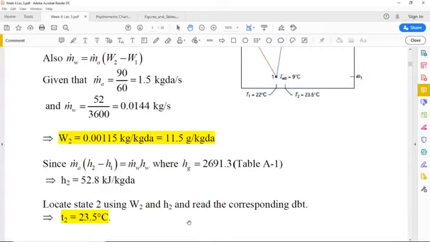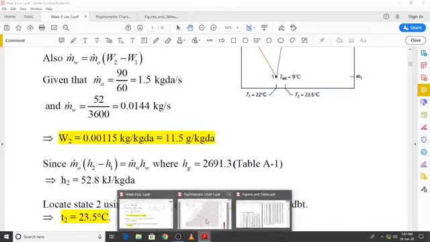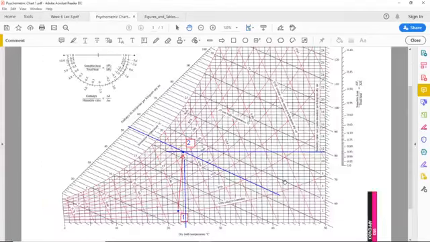I told you that we can also use the protector to solve this problem, and to do that I will once again go back to the psychrometric chart and go back to that step where we had found out w2.